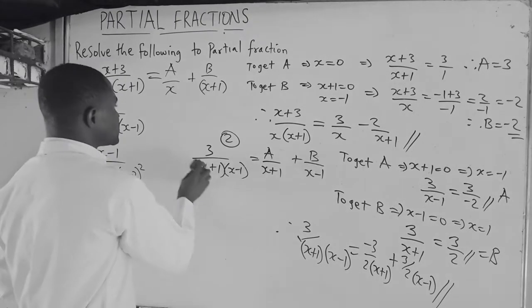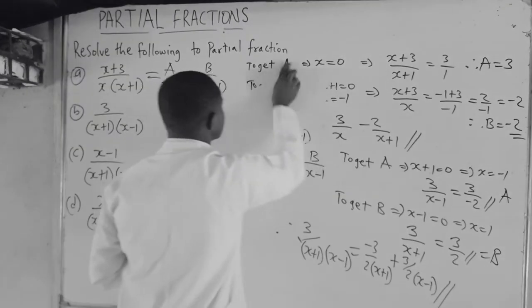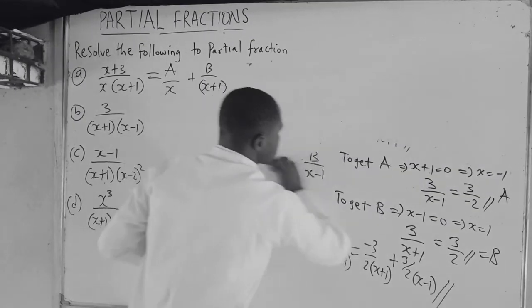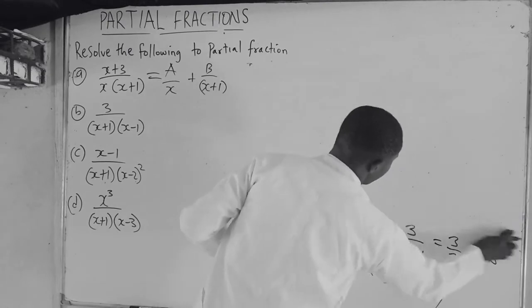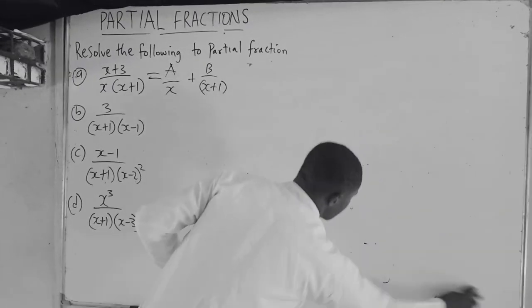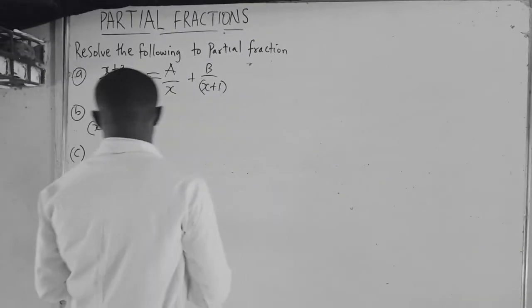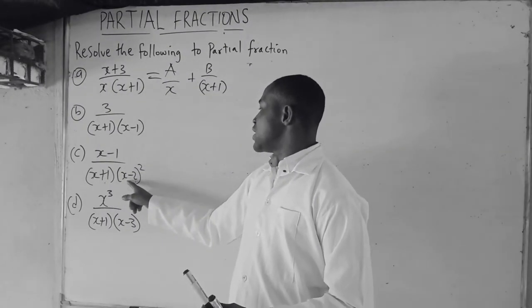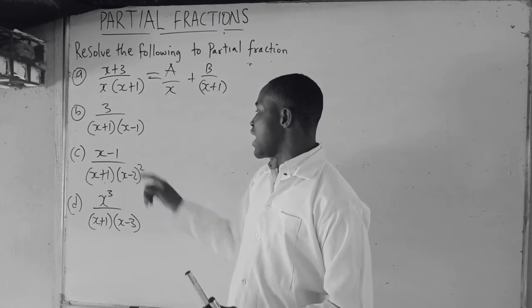Now to solve question C, let's clean everything. To resolve question C into partial fractions, we say, okay, in which form? This is a linear factor, while this is a repeated linear factor.